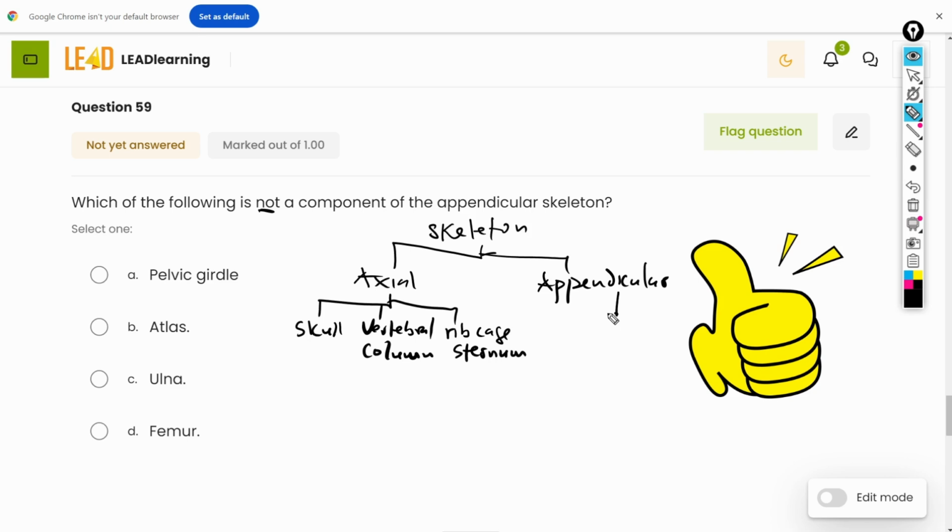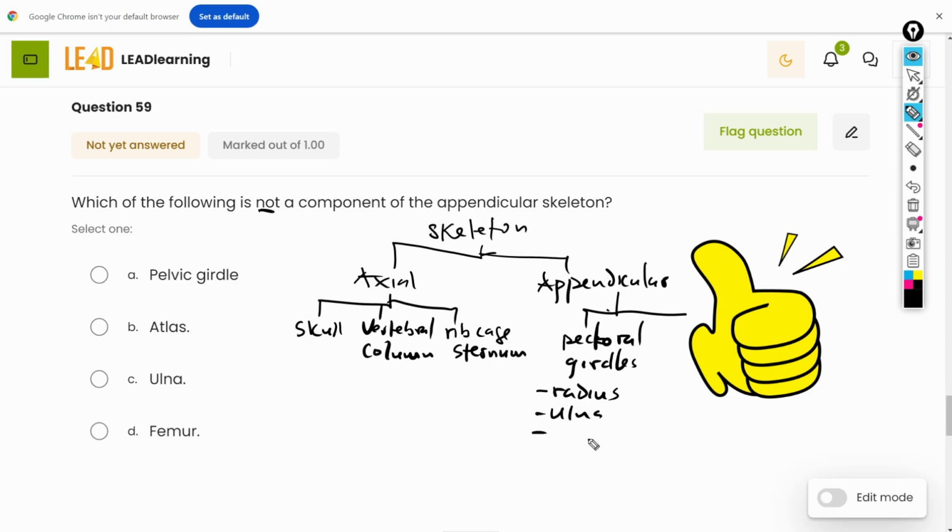or the bones of the forelimbs. Here you have bones like the radius, the ulna, the humerus, the scapula or the shoulder blade.